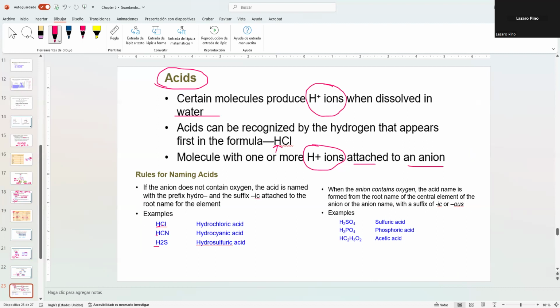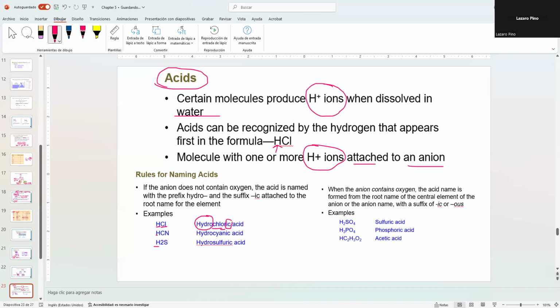Well, in the case that it is a binary compound, you use the prefix hydro. Then the element here, the anion, is chlorine. You use the root chlor, and then it always ends in ic.